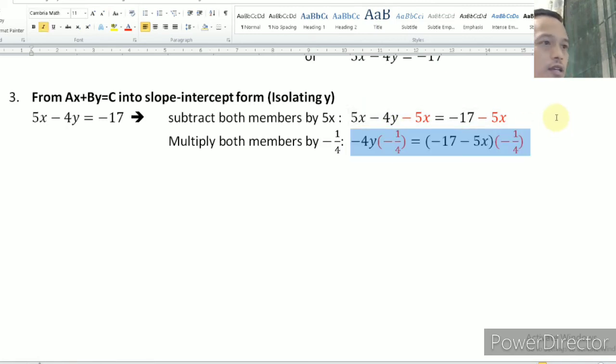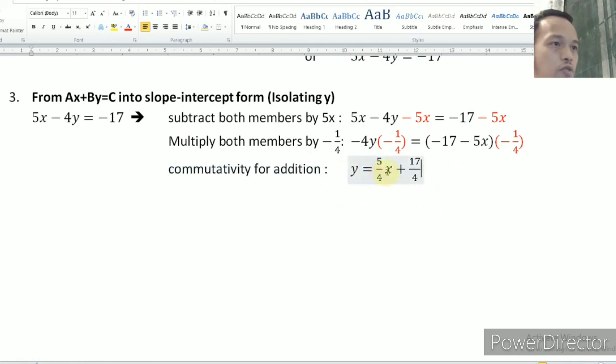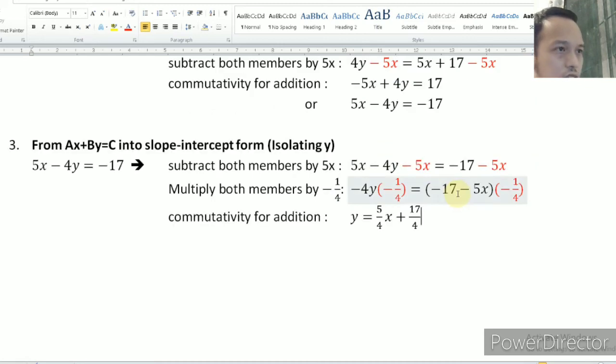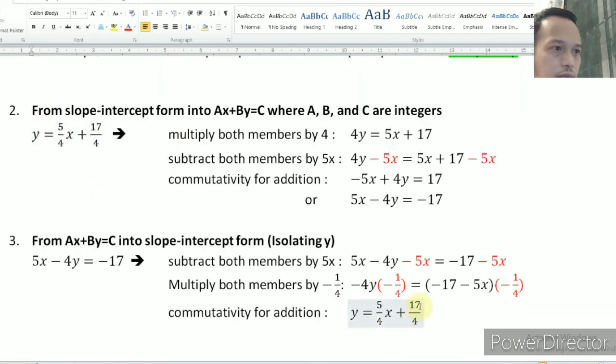In the end, this will be the statement, and with the commutativity for addition, I just change the order, and then this is the equation: y equals 5/4x plus 17/4. Let's confirm that. Yeah, it's the same.